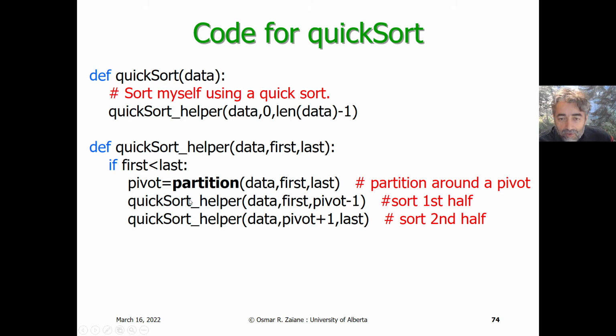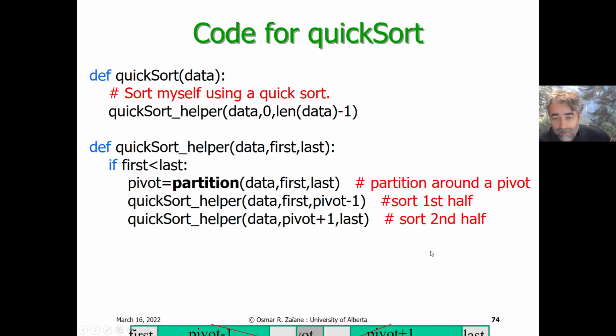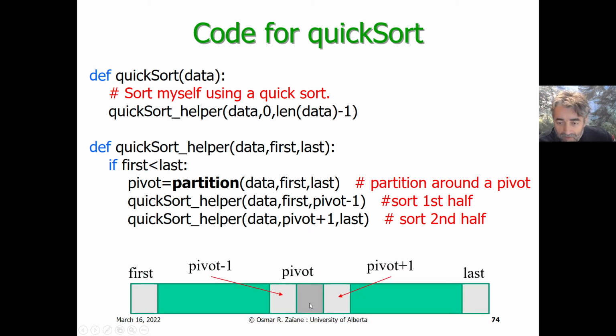So I call QuickSort helper recursively on the data starting from first till pivot - 1, that's where I have the position of the pivot, so until the element just before the pivot. And then I call QuickSort helper again on the data from pivot + 1, the position after the pivot, till the last element. Okay, so suppose the pivot is here. This was my container from first to last. First to last, this is data.